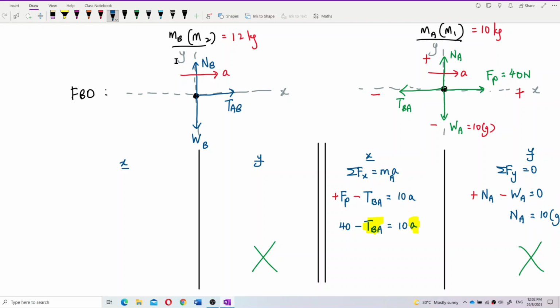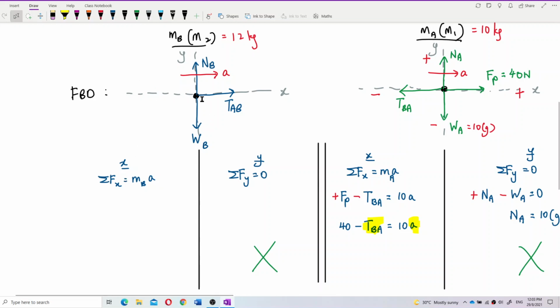The acceleration only exists in the x component, so in the x component, total Fx equals mass B times A. But the y component has no acceleration, so total Fy equals 0.